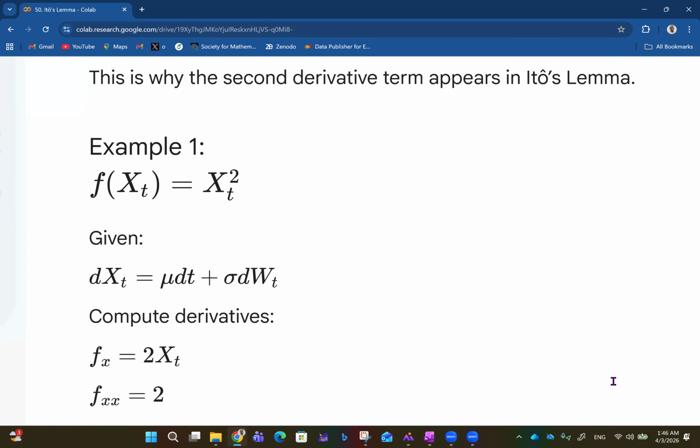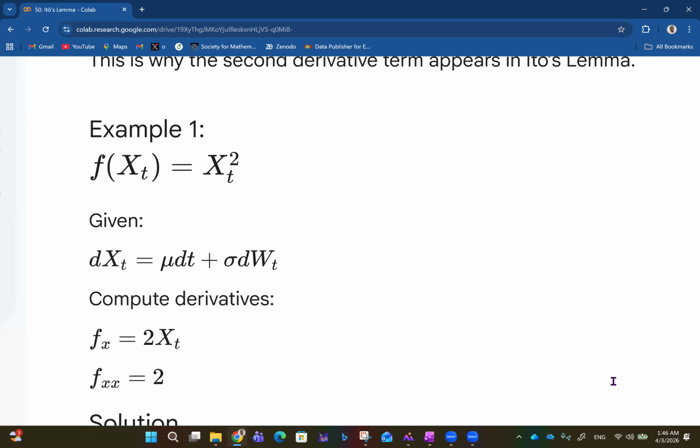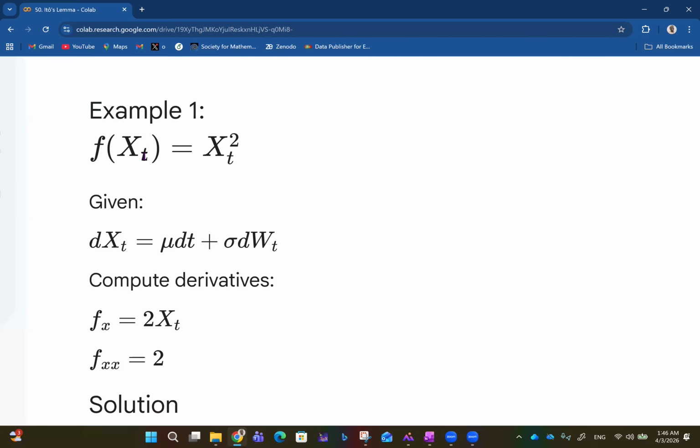If you take example 1, for instance, we have f of X_t to be X_t squared, and we're given dX_t to be mu dt plus sigma dW_t. We can compute derivatives. We have f_x, the first derivative with respect to x, which is 2X_t, and f_xx is 2.